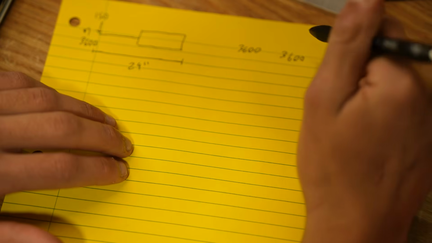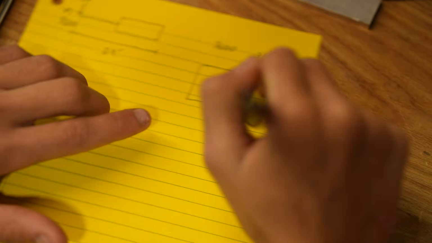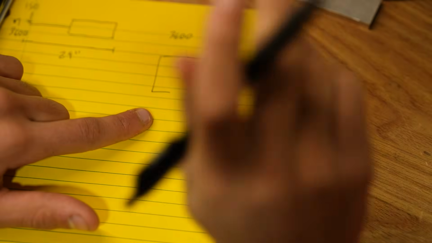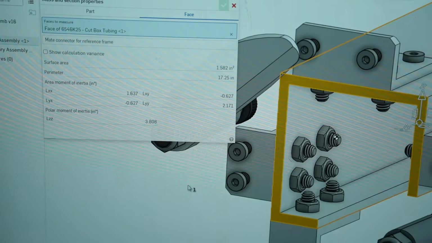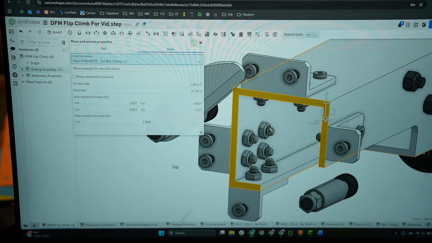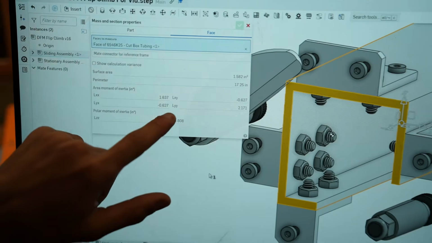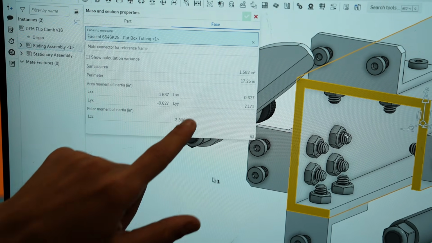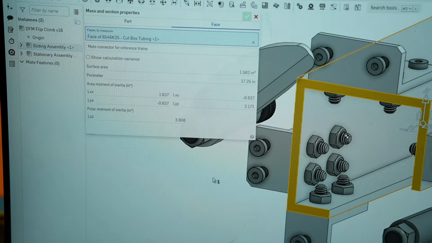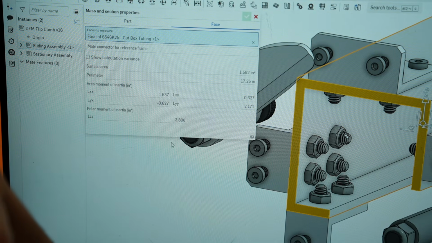We are now going to look at the cross section. And we see something interesting. This is an asymmetric cross section. So we're going to need to do a little bit more work on Onshape to figure this out. So our resistance to bending is going to be, I think it's going to be 1.67.